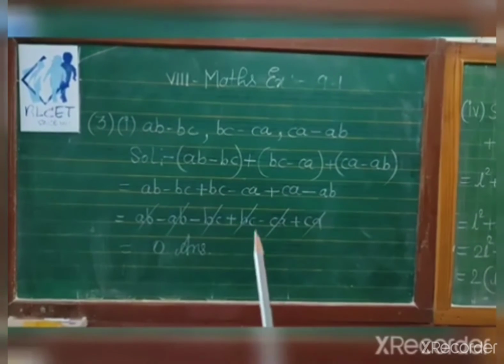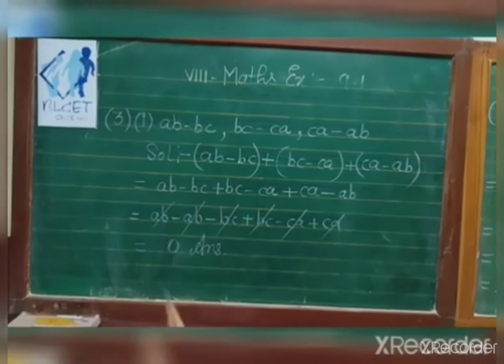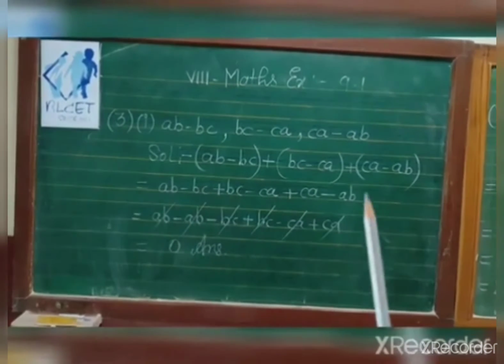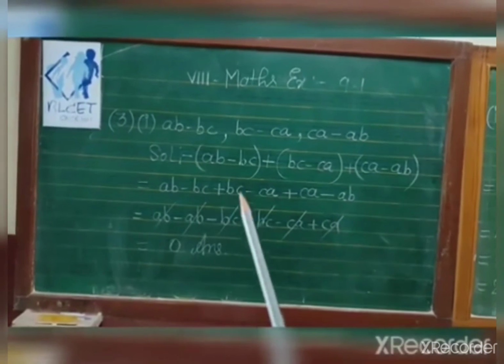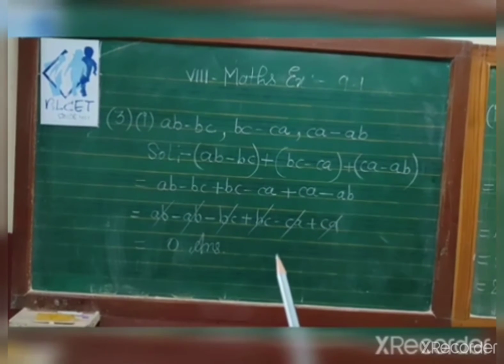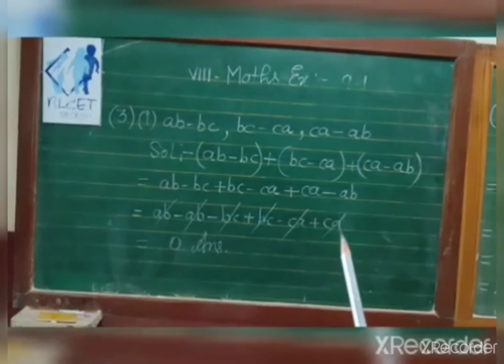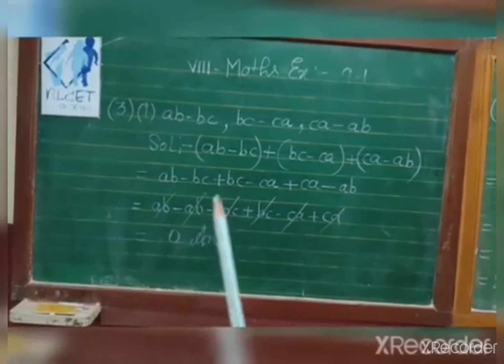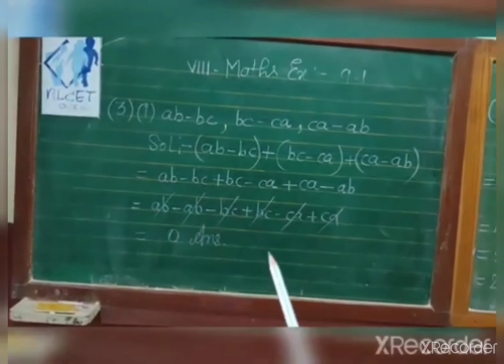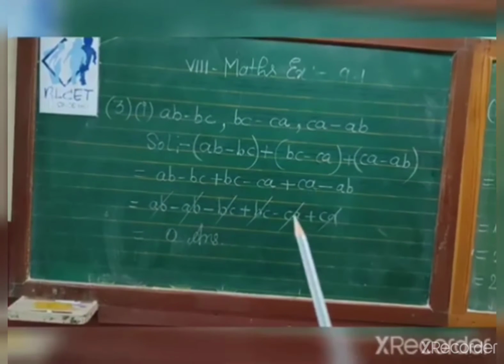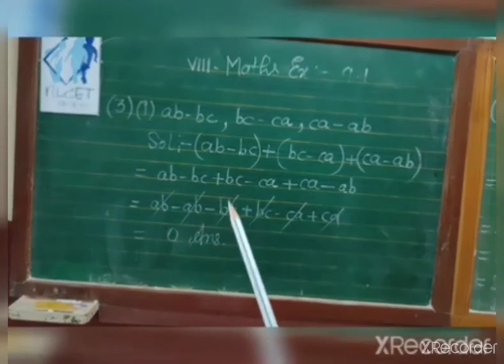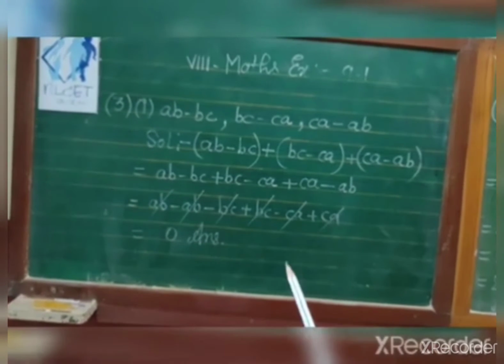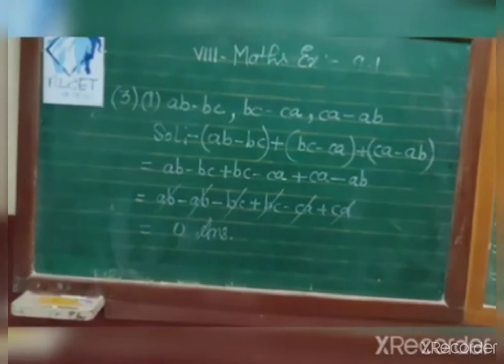Now collect like terms: AB and minus AB, minus BC plus BC, minus CA plus CA. Now cancel them, AB minus AB, minus BC plus BC, minus CA plus CA. So the answer will be 0.